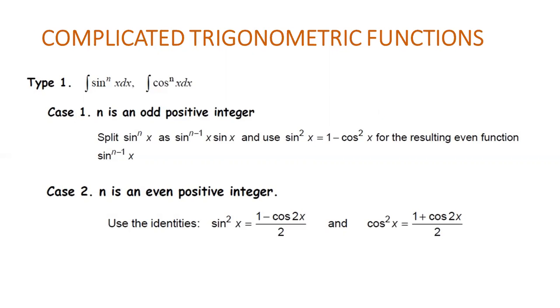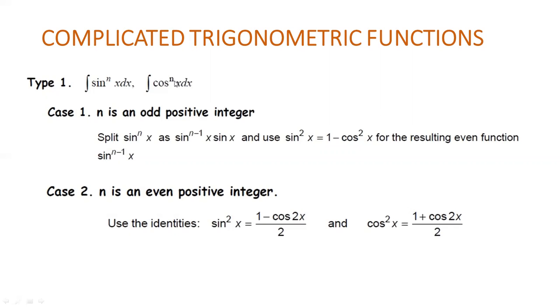In the first type, type 1, this deals with an integral of the sine and the cosine, wherein the exponent of the sine and the cosine in case 1 is odd and positive. That would mean that this n that you are seeing here as an exponent is odd and positive. So what do you need to do if such a case arises?